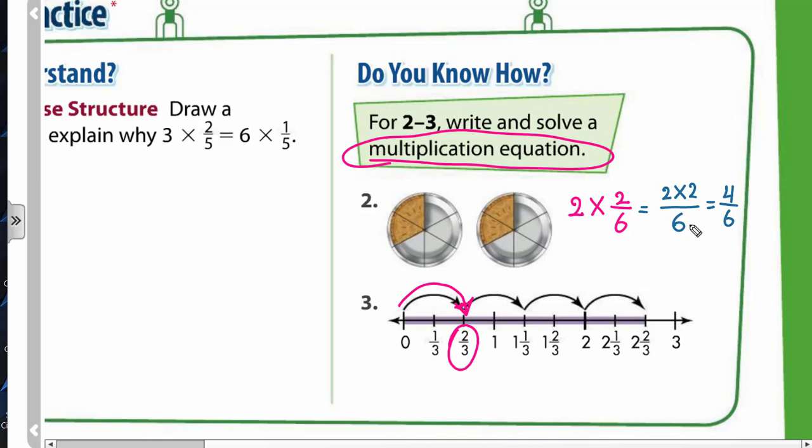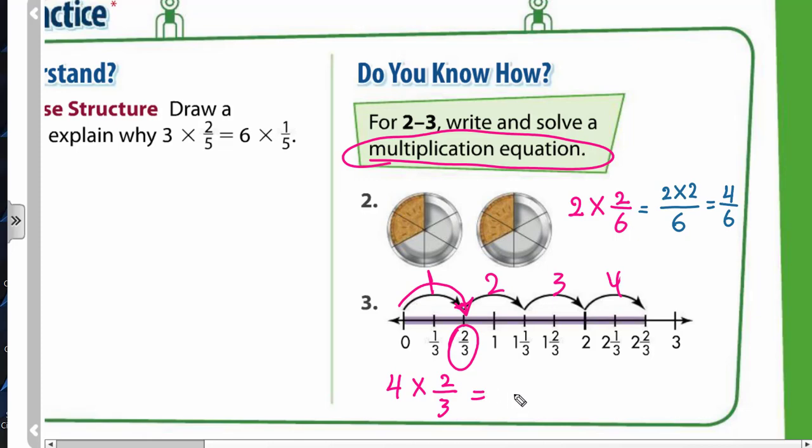No, not 2. This is 2/3. Okay, so we are repeating 2/3. How many times? 4, 1, 2, 3, 4. So we are repeating 2/3 four times. Okay, go ahead, my hero.